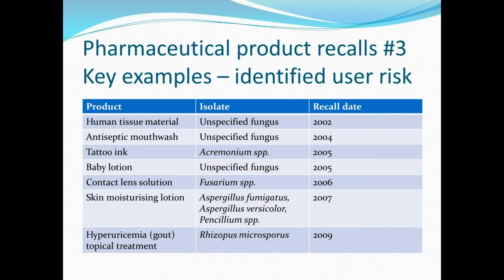And some of the fungal species that were recovered are listed on the slide. And they're important to note because when we come to have a look at common cleanroom fungal contaminants later, a pattern begins to emerge.